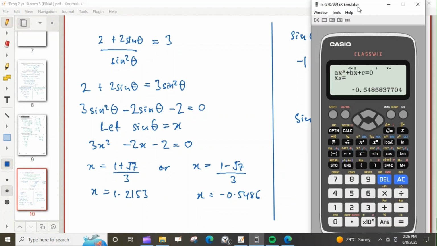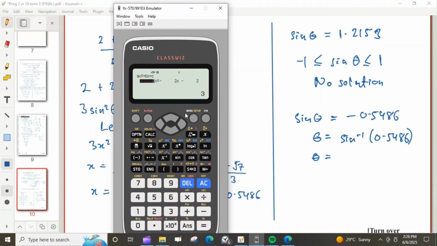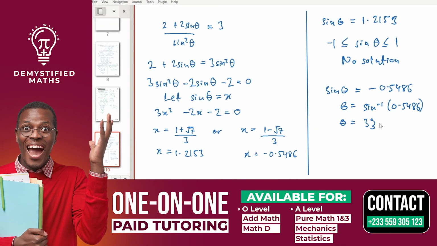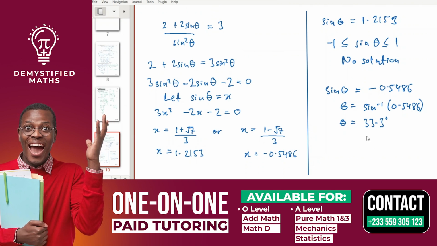I will need my calculator here because this is not a special angle. If it's a special angle, you can be told to do it without a calculator. You must make sure your calculator is in degrees because the answer is in degrees. So I'm getting 33.3. If it's degrees, you can leave it to one decimal place. In fact, you're supposed to leave it to one decimal place.